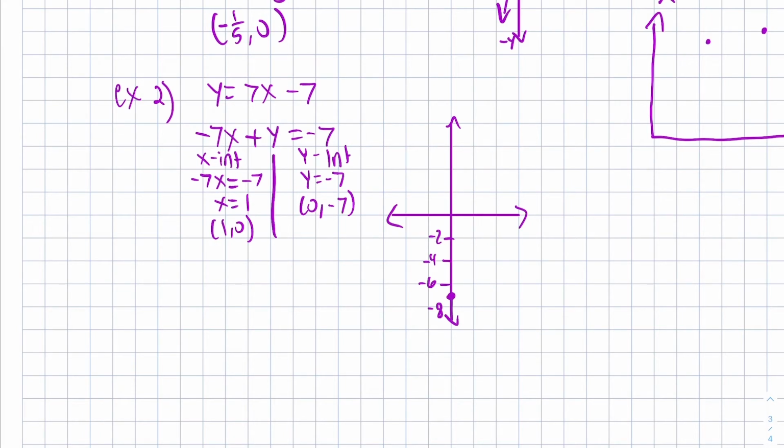So there's my y-intercept. My x-intercept, I will count by 1's. And there's the intercept. Connect the two lines. Extend it further so it doesn't just end at that point. And there's our graph.